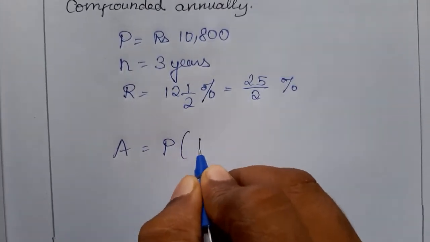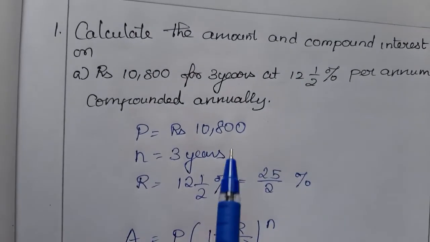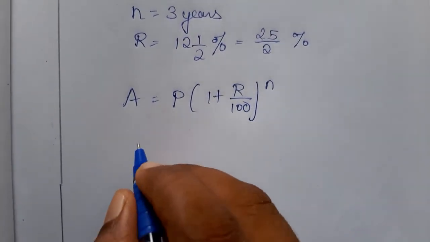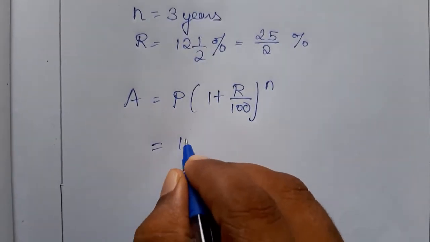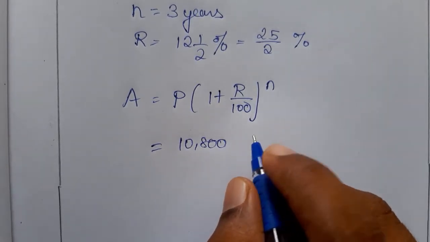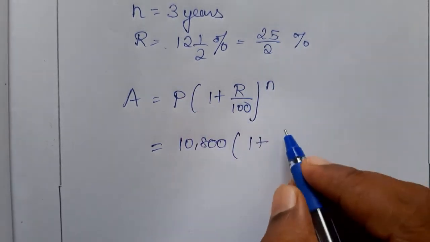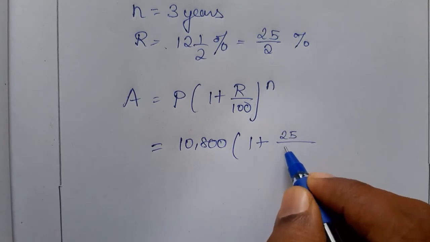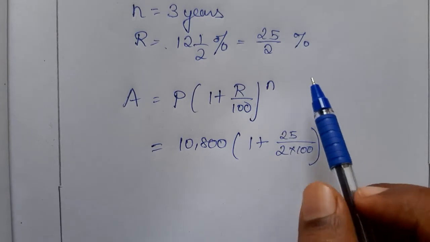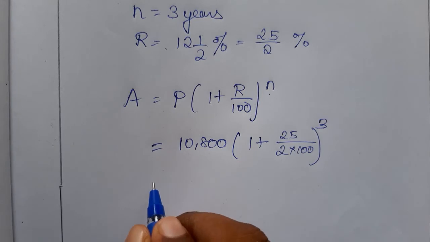Now let me find the amount by using the formula. A is equal to P into 1 plus R by 100 whole power n. Be careful whether they are asking about compounded annually or half yearly. It's annually, so I wrote the annual formula. The principal is 10,800 into 1 plus 25/2 over 100, the whole raised to the power n, which is 3.